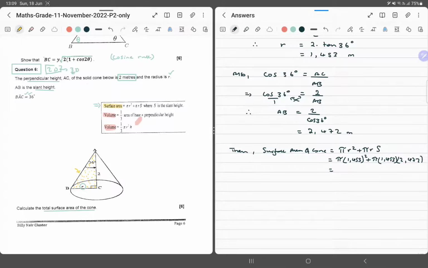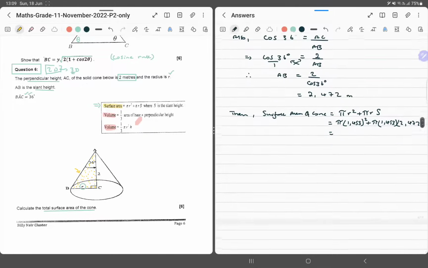So we're going to say shift and we press that exponent number. It gives us the pi, into 1.453 squared, plus shift pi into 1.453 into 2.472.